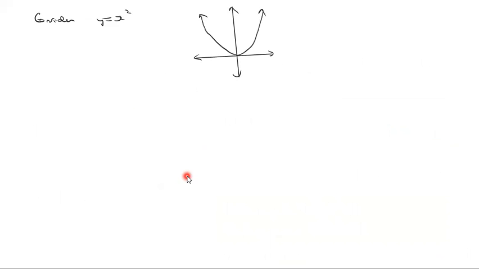Is there a stationary point here? Zero. And the answer is yes, at x equals 0, which means y equals 0, so it's at (0, 0). Now, what type of stationary point is it? Minimum. Right.